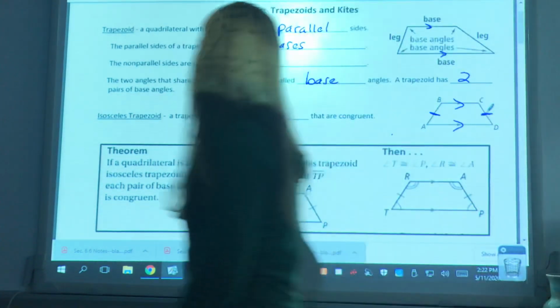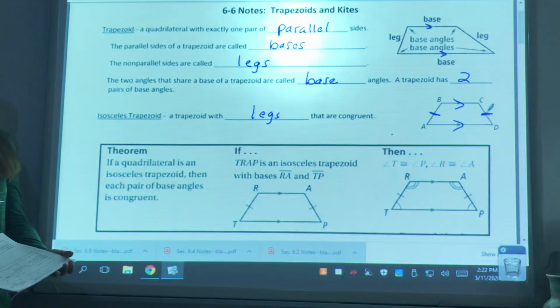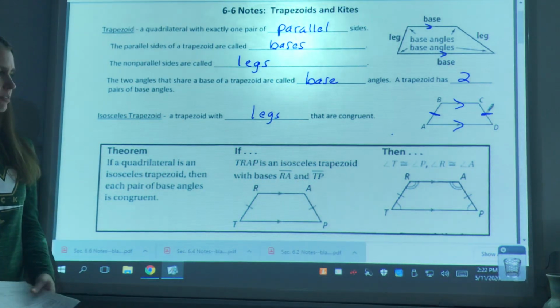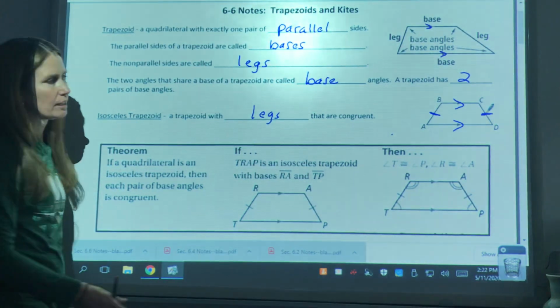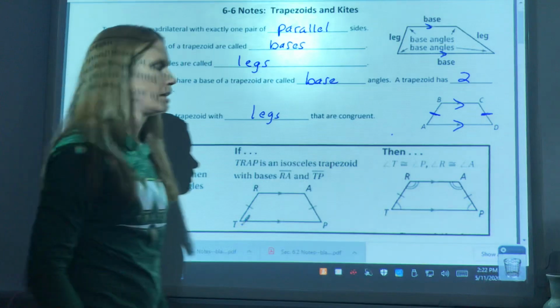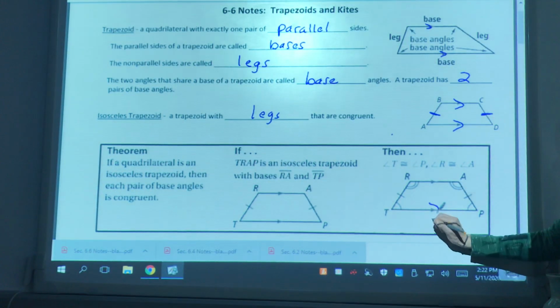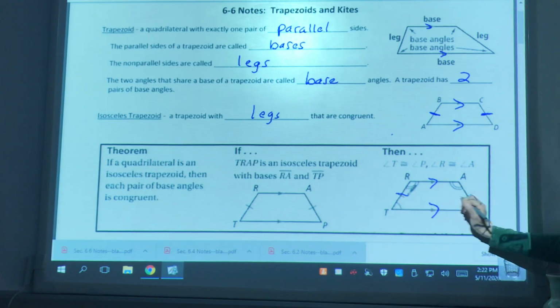If we look down here, this theorem says if a quadrilateral is an isosceles trapezoid, then each pair of base angles is congruent. So again, I see that it's a trapezoid, I see the legs are congruent, so parallel, parallel, congruent, congruent.